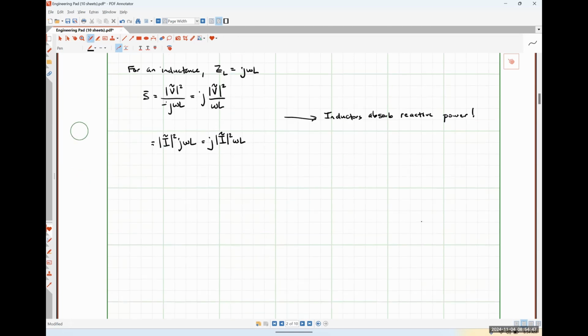And then lastly, for a capacitor, ZC can be written as negative J over omega C, where that negative J in the numerator is simply 1 over J to put it in the form that we are used to seeing. Okay.